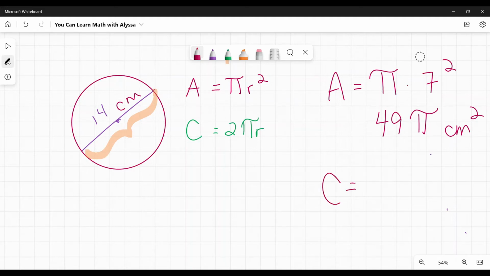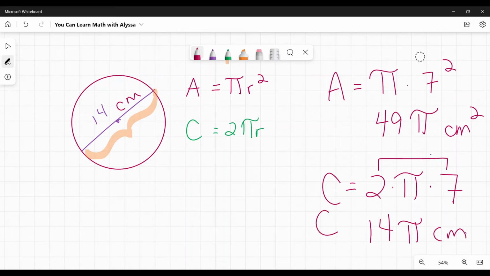And my circumference is going to be 2 times pi times r. And my radius there, again, is 7. So I can multiply the 2 times the 7 to get 14. And my circumference is 14 pi centimeters. And again, I can leave it like that if that's what my teacher says, to put it in terms of pi, or I can use 3.14 or the pi button, depending on what your teacher or the test instructions say.